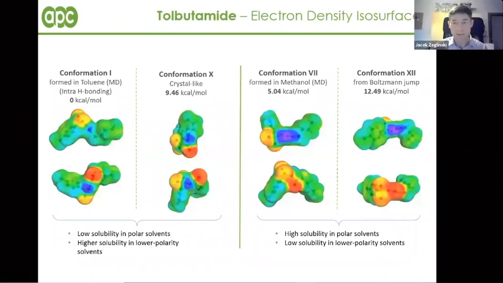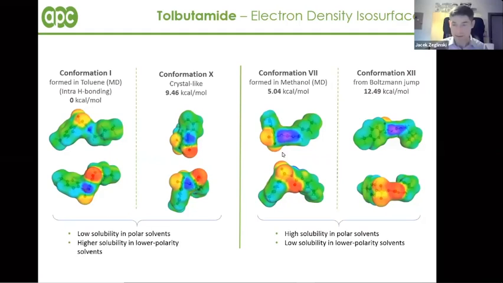We looked also at the electron density isosurfaces, and we found that again there is no clear correlation between predicted solubility and conformational energy of a conformer. But we found that there is some correlation with the location of those polar domains.